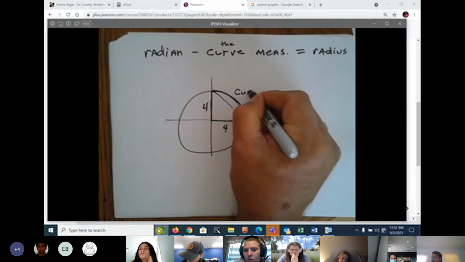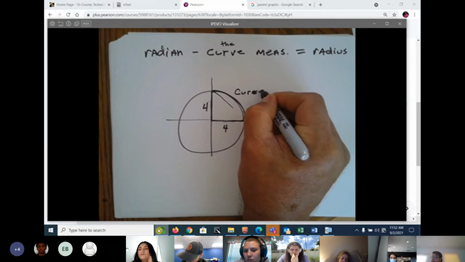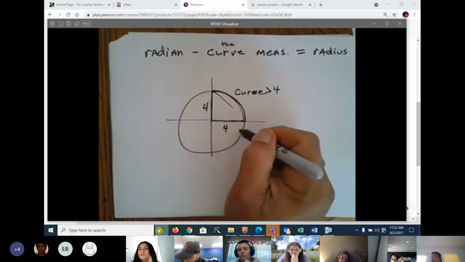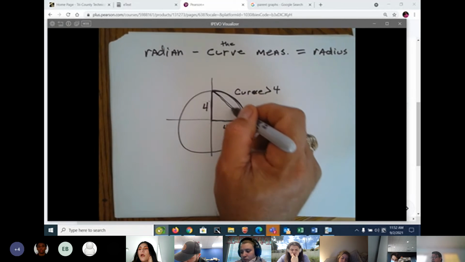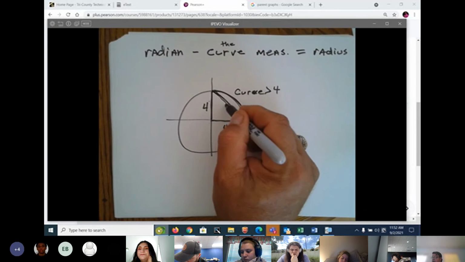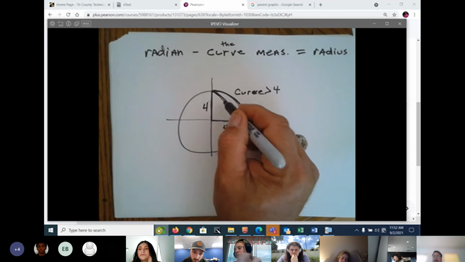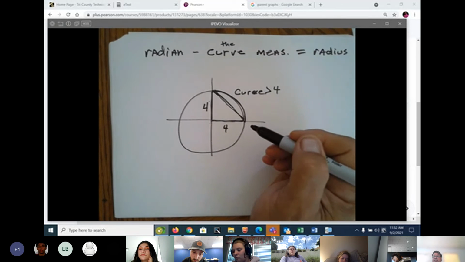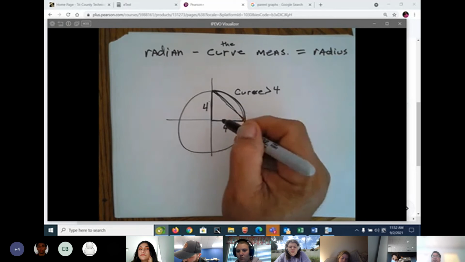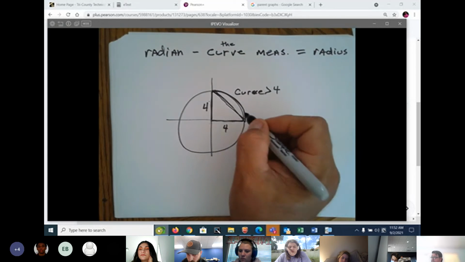This curve is going to be greater than 4. The curve is always longer than the chord. That's the chord, and the chord is the hypotenuse. The hypotenuse is always the longest what? Side. The longest side, Hubert. That's right, class. Thank you.